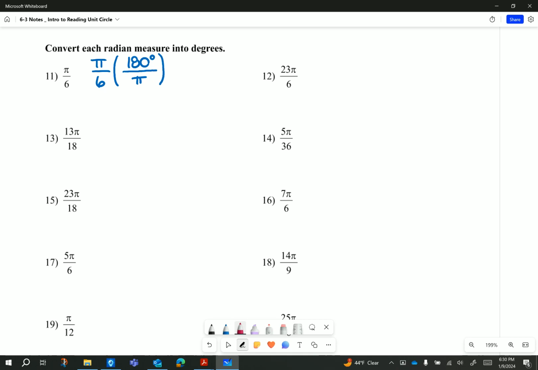So right off the bat, we can see that pi radians are going to cancel, and then you are left with 180 degrees over 6, which reduces, whether you do mental math or put it in the calculator, to 30 degrees. So pi over 6 is merely 30 degrees. Okay? Very, very straightforward and easy.